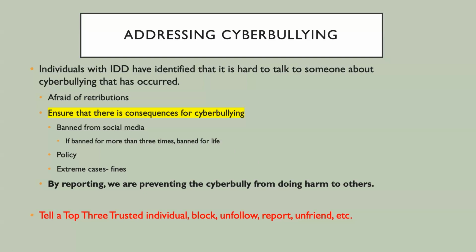A person's banned from social media. It's against community guidelines, the terms and conditions we talked about the first time we met. It is against that to cyberbully. You violate those, you're sent to the Facebook jail, right? Or the Instagram jail for 10 days. You do it again, you're banned for life. So there are strict guidelines on social media.